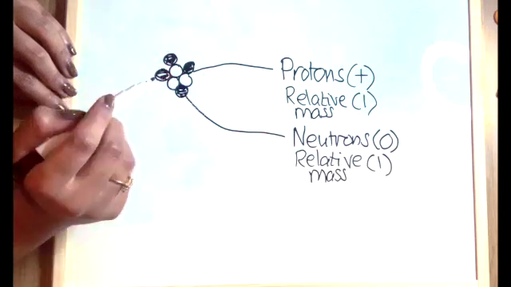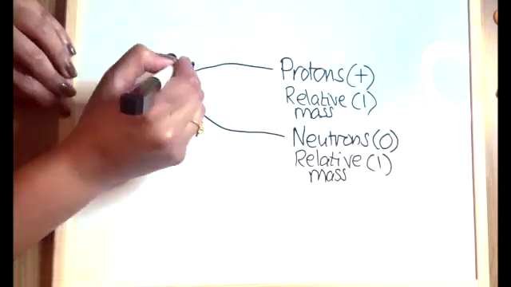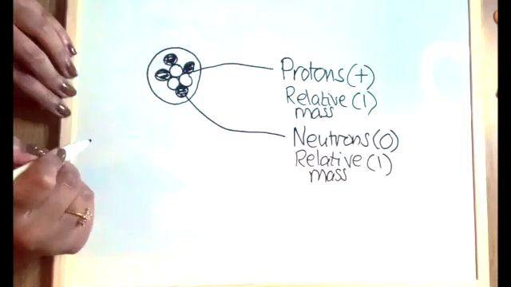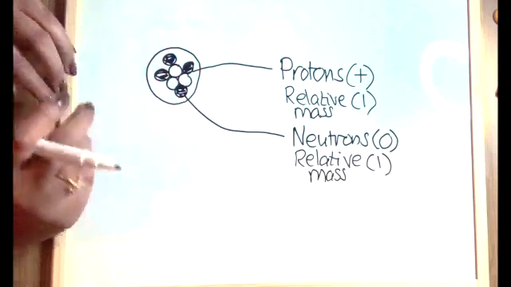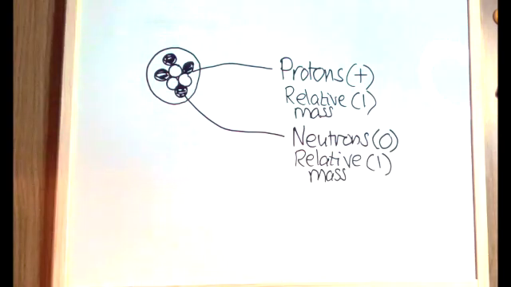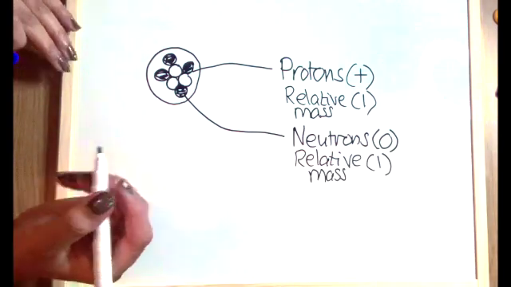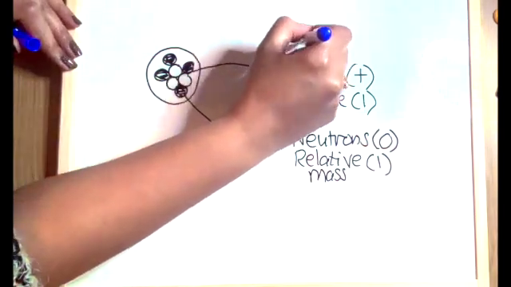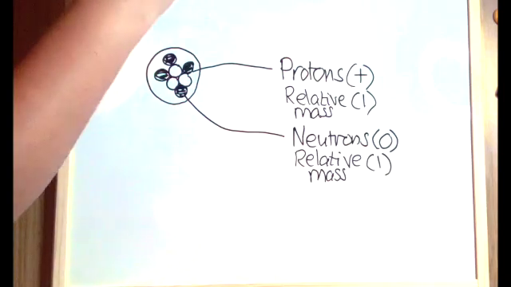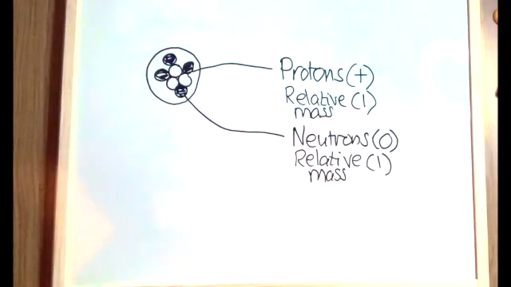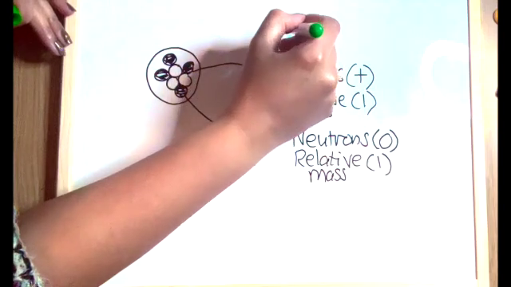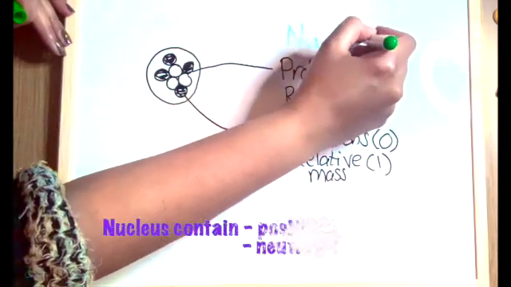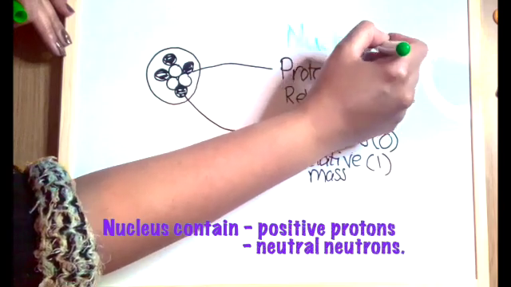Now, these two types of subatomic particles are contained in the middle part of the atom, and the middle part of the atom is called the nucleus. Let's go with green. Okay, so we are looking at the nucleus.